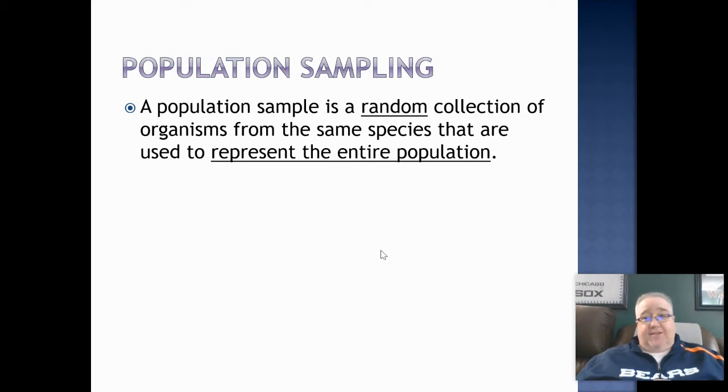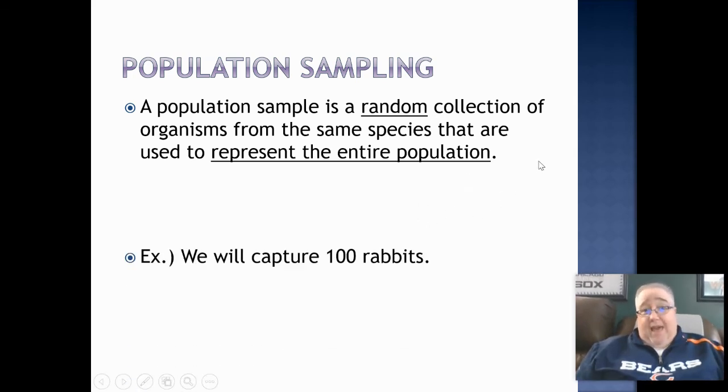So if I said this weekend we're going to go out into the town and capture as many rabbits as we can, you wouldn't want to capture them all from one area of town, let's say the northwestern part of the town. You would want to get these rabbits from all over the place, as randomly as you can, from as many different spots and areas in Crown Point as you can, and we're going to let that be the sample.